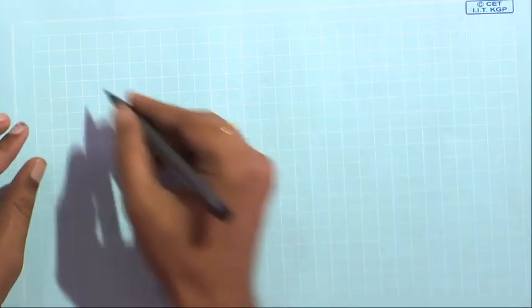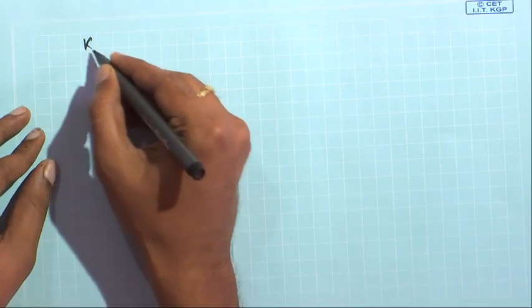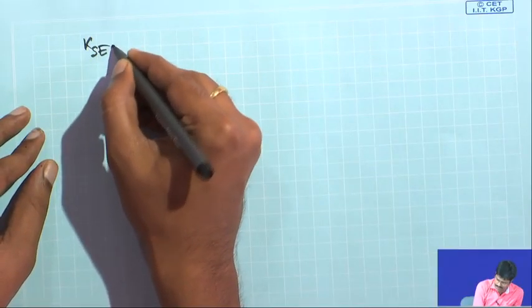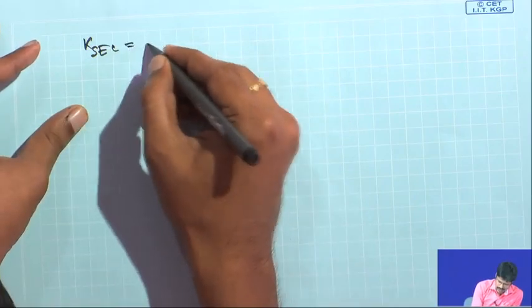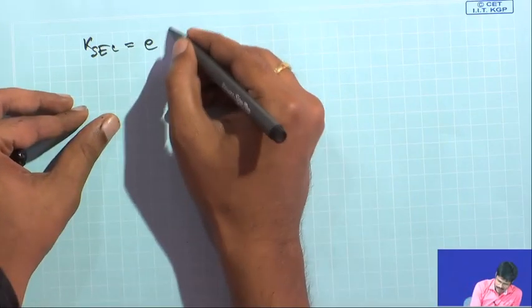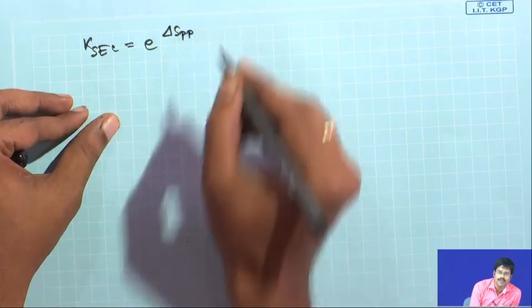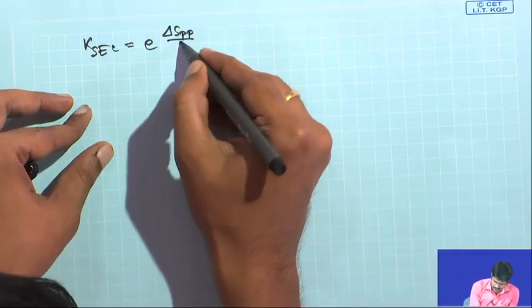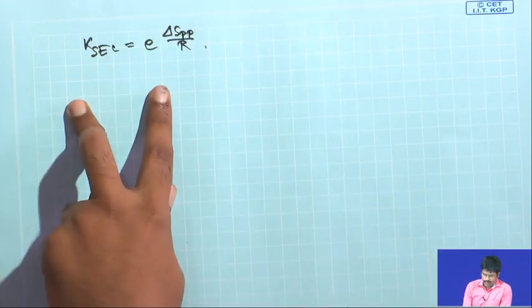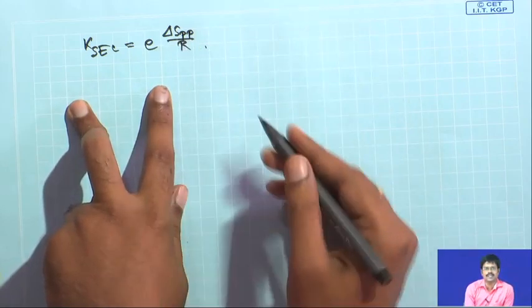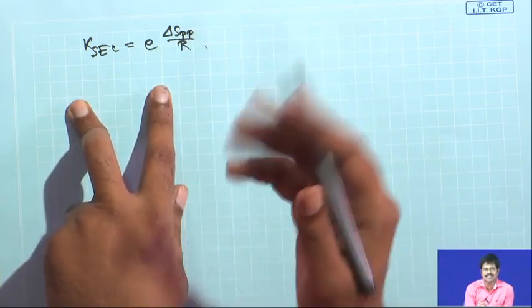So, what we can have is an expression of K_ACC, which is equal to e to the power delta S_PP divided by R. Now, this delta S_PP is the entropy change corresponding to this pore permeation.